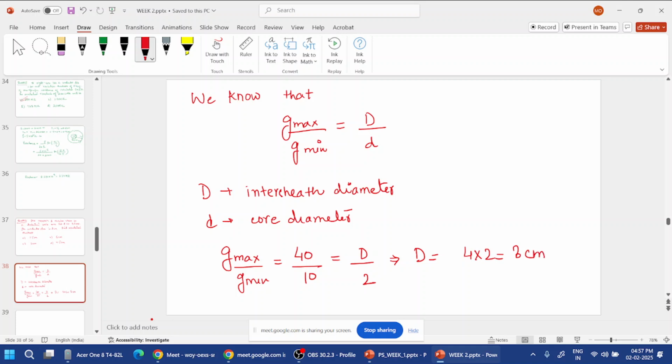So basically, let's say this is small r and this is capital R. Capital R is the intersheath radius, small r is the core radius. So we have to calculate the thickness. It will be calculated by capital R minus small r.